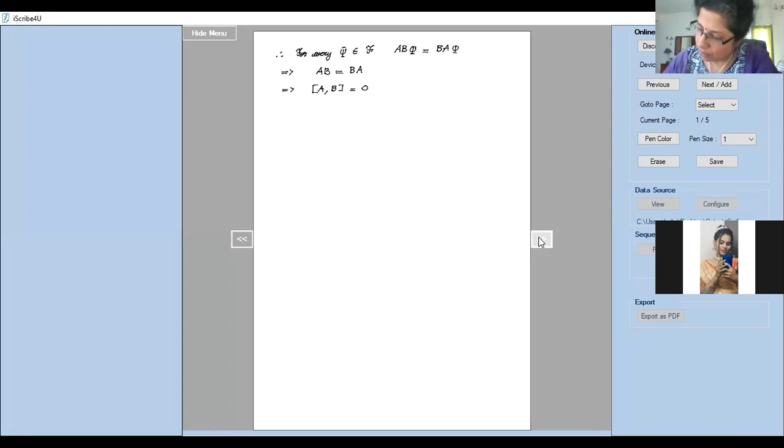So what is the converse? The converse is that if two operators commute, they have a common set of eigenfunctions.